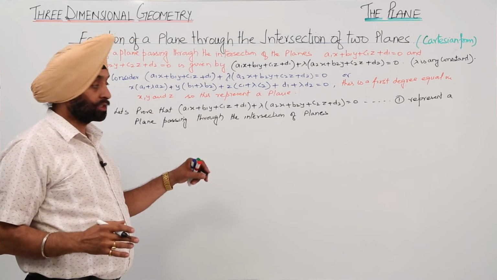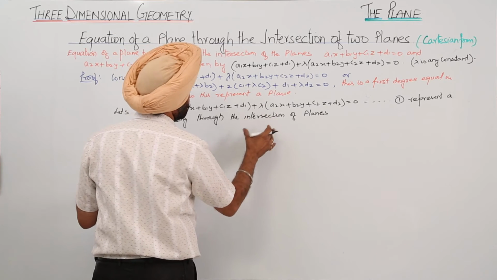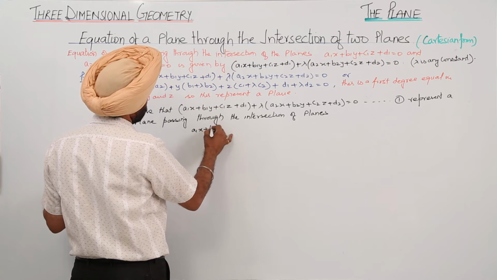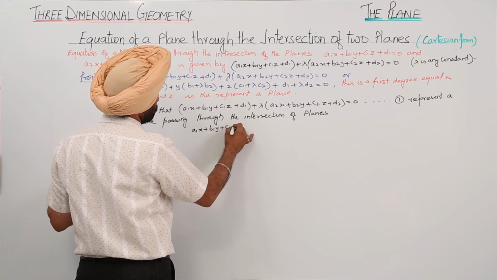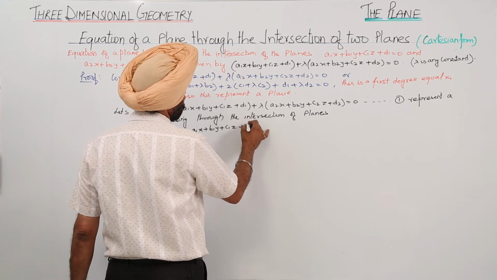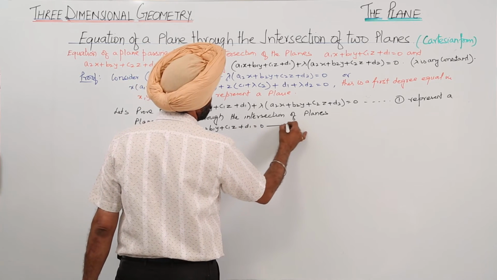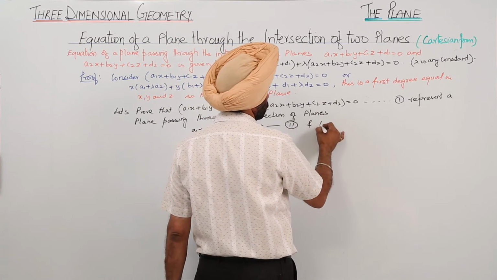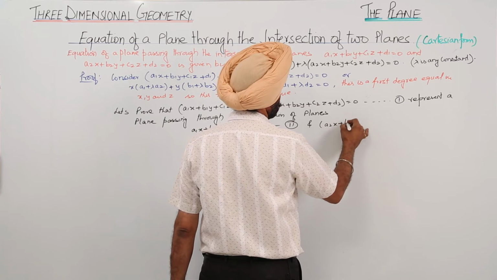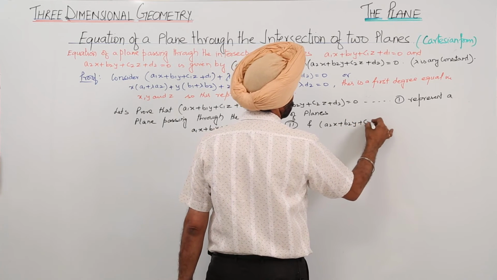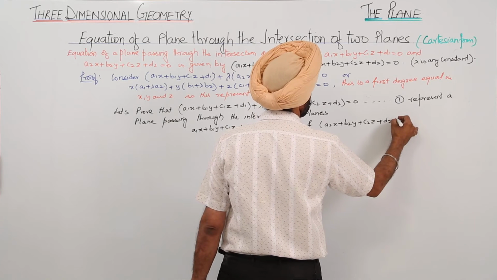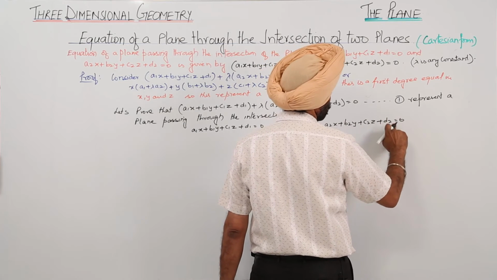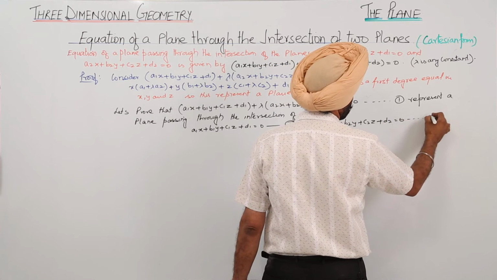Now this represents a plane passing through the intersection of the planes, and that is a1x plus b1y plus c1z plus d1 is equal to 0. Let this be equation 2, and a2x plus b2y plus c2z plus d2 is equal to 0. Okay, need not write this bracket, and let this be equation 3.